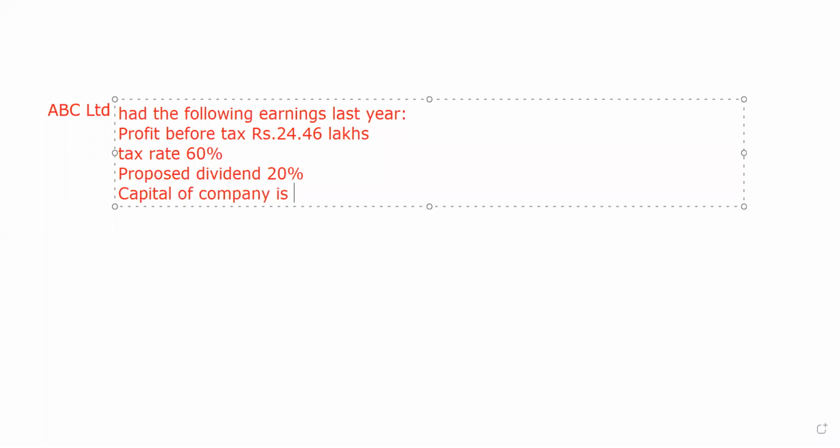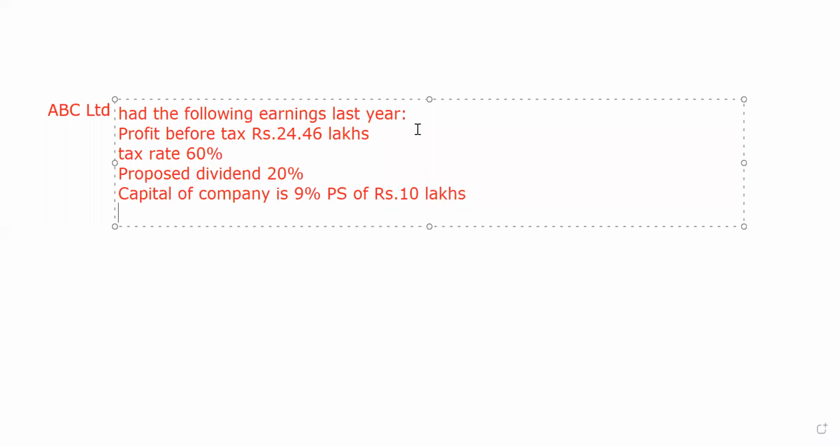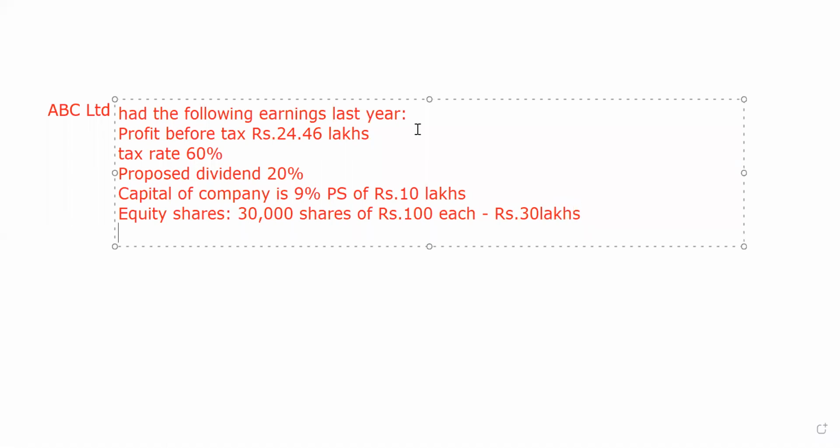Capital of the company is 9% preference shares of rupees 10 lakhs. You can take the screenshot after the question. Equity shares, 30,000 shares of rupees 100 each, rupees 30 lakhs. Reserve in the beginning of the year, 22 lakhs.